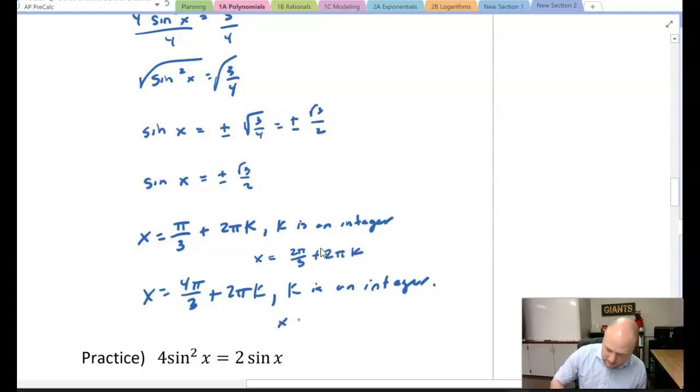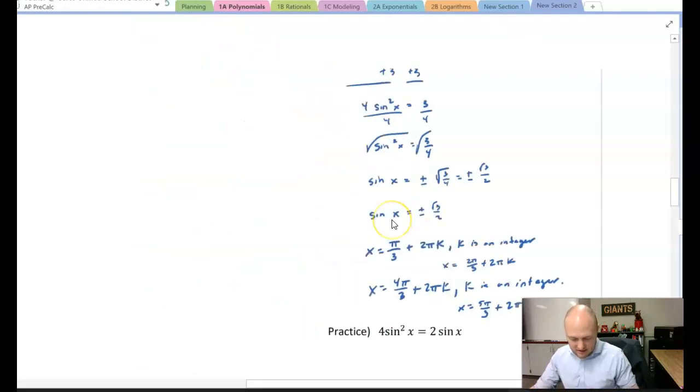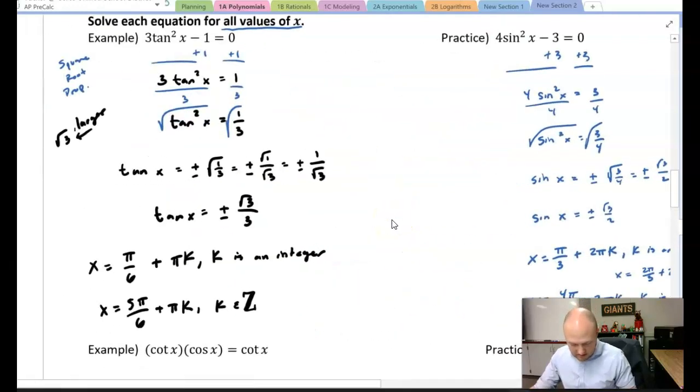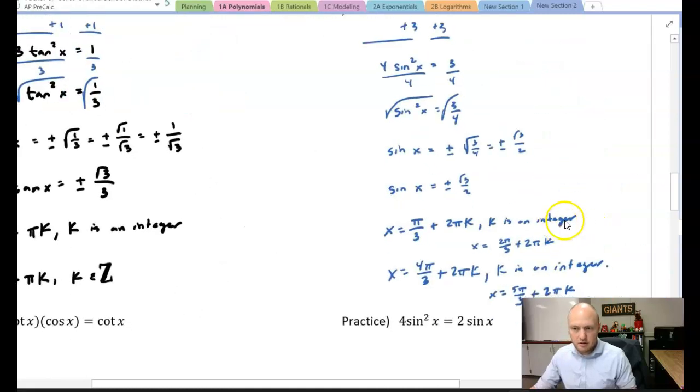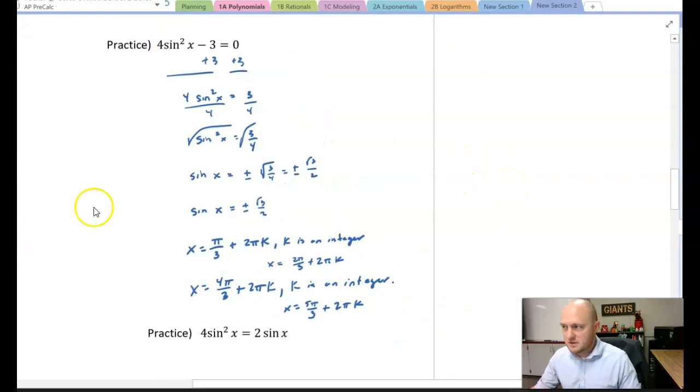And I feel like you should also have x equals 5 pi thirds plus 2 pi k. That accounts for all of your angles. I didn't do that in the last example because my pi period accounted for all of them. Here, 2 pi is one trip around the unit circle. I don't think that accounts for all of those values.